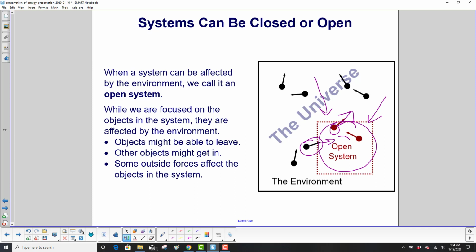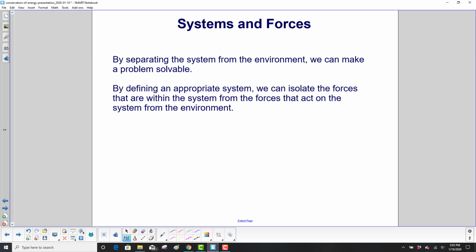Now, we're still focused on the objects inside the system, but they can interact with others outside, and that will be our open system. By separating the system from the environment, and together they make up the universe, we can make a problem solvable. When we define an appropriate system for our problem, we can isolate the forces that are within from the forces that act on the system from the environment.